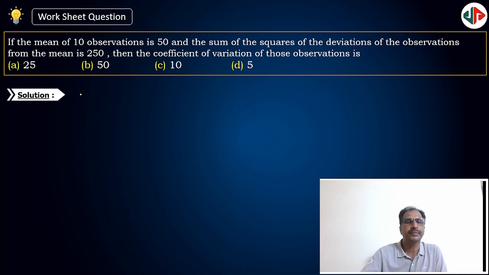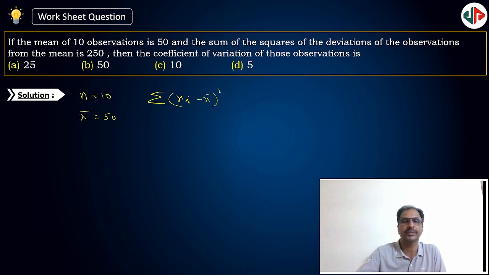Next, mean of 10 observations. Number of observations 10, mean is 50, and the sum of squares of the deviations from the mean, that is sigma xi minus x bar whole square, is 250. Now the coefficient of variation is required.